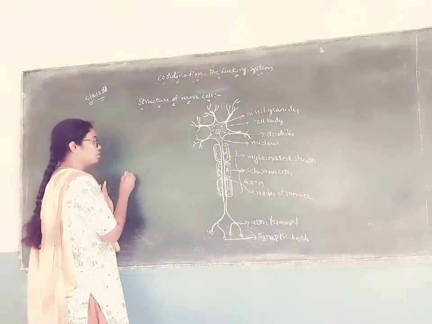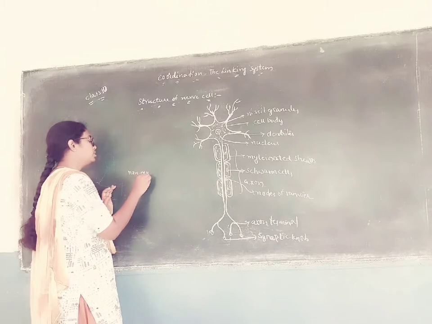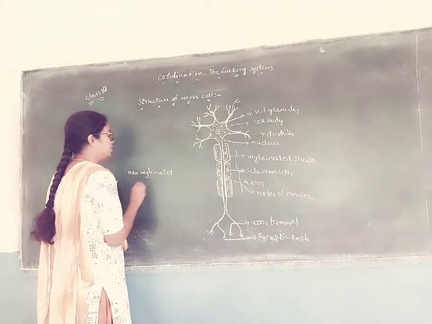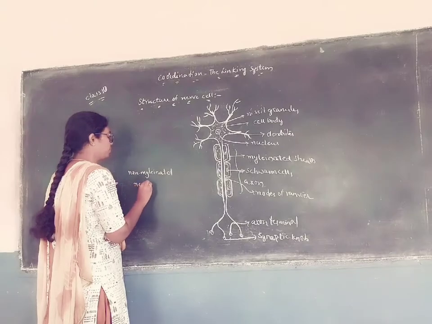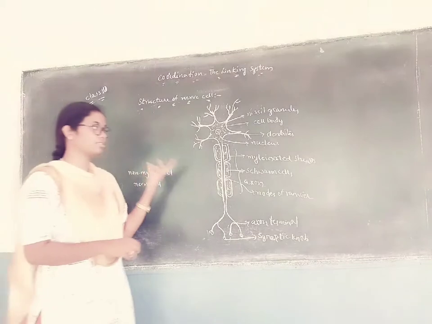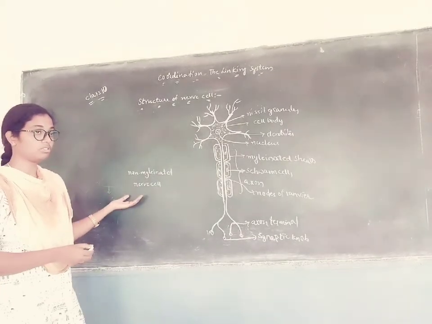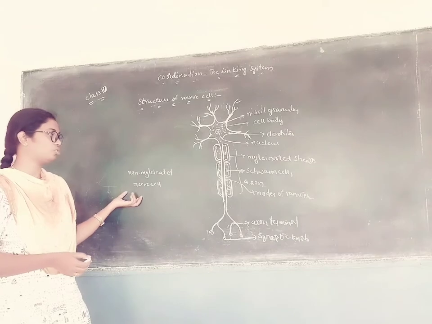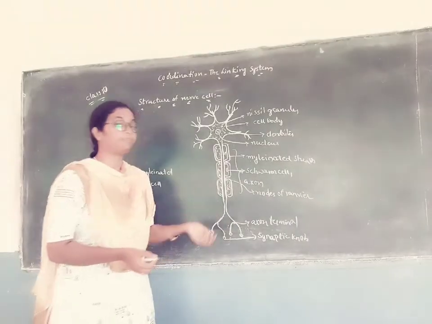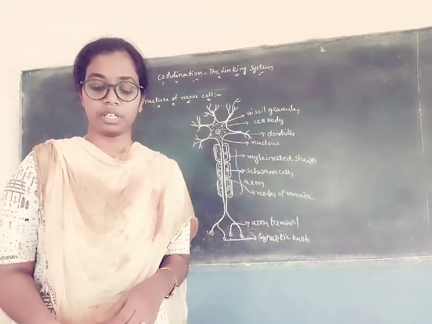Such nerve cells are known as non-myelinated nerve cells, and those which contain the sheath are known as myelinated nerve cells. Now let me see the structure and functions of the nerve cell.